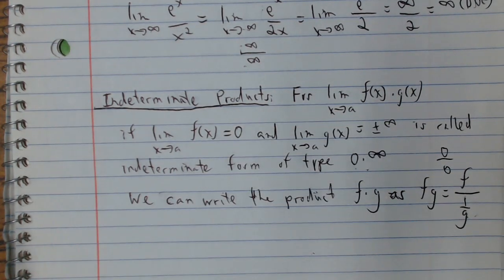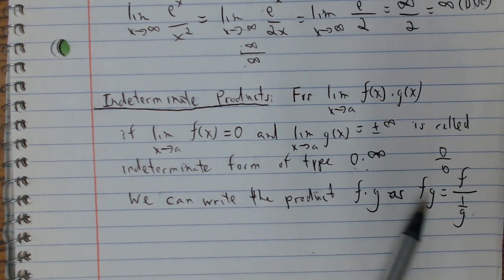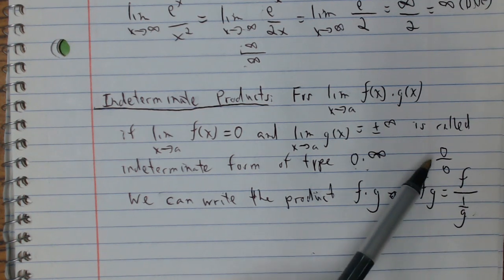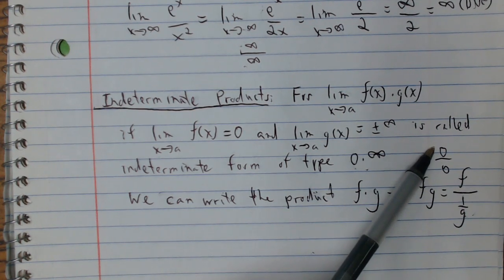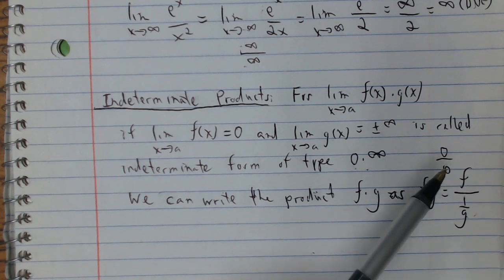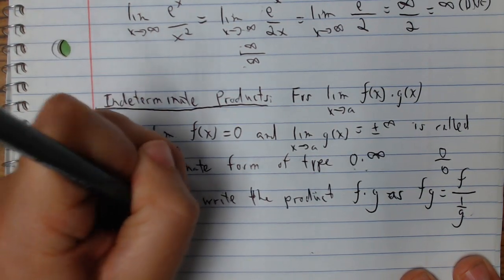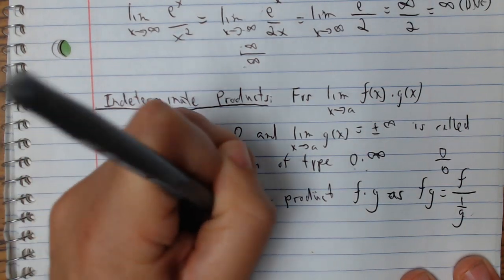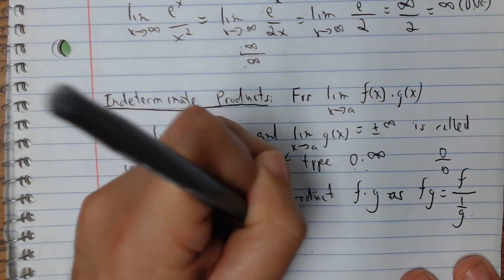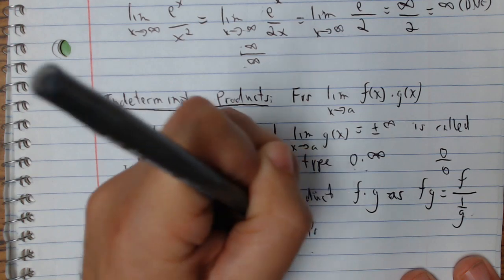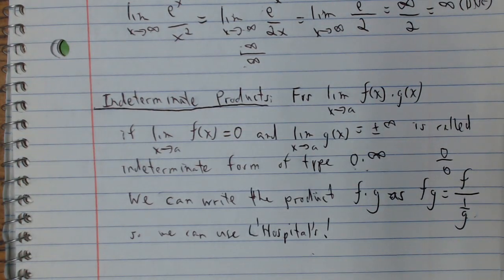So just by rewriting this product as that fraction, I created an indeterminate type of 0 over 0, which means we can use L'Hopital's. That's the important idea here.